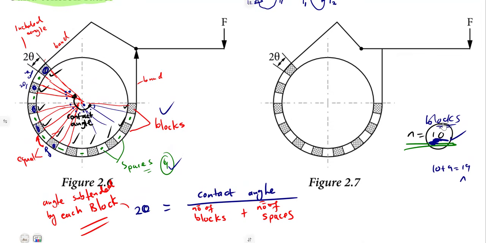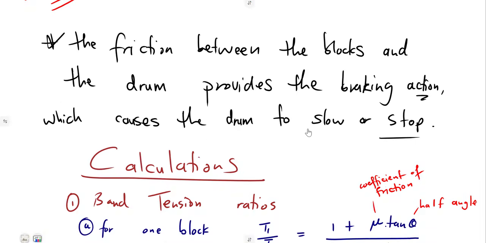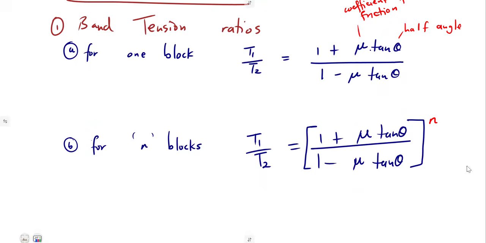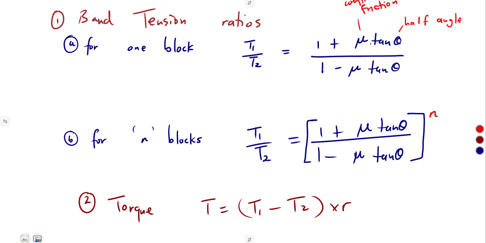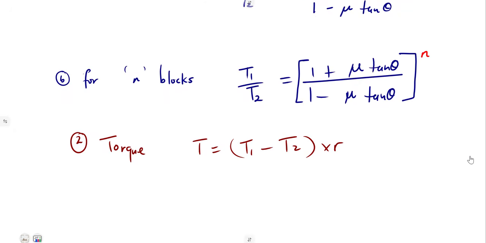The rest of the formulas, guys, are the same, considering the finding of the torque, power, and so on. The torque that is transmitted at the brake drum shaft: remember, the torque is equal to T1 minus T2 times the radius of the drum. We can even make T1 minus T2 the subject, because it is mostly used, especially when calculating T1 and T2.